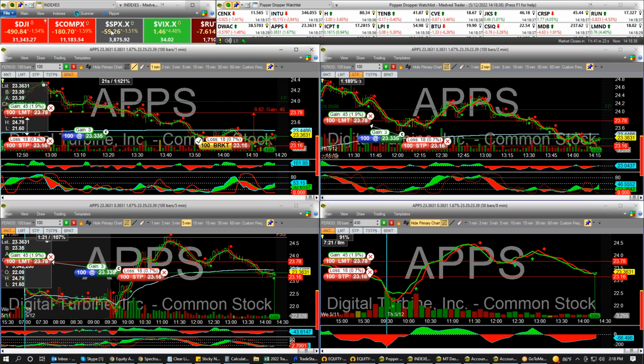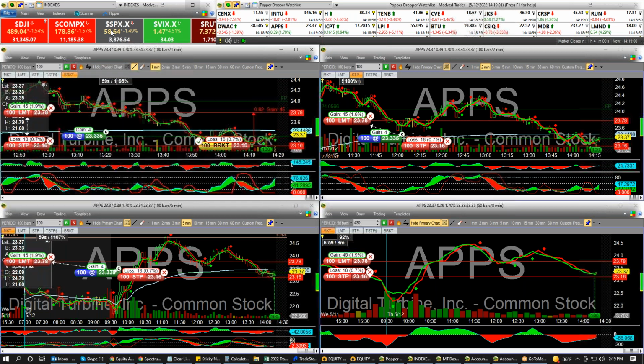If it gets through VWAP, this thing should pick up some momentum. Kind of slowly bouncing.